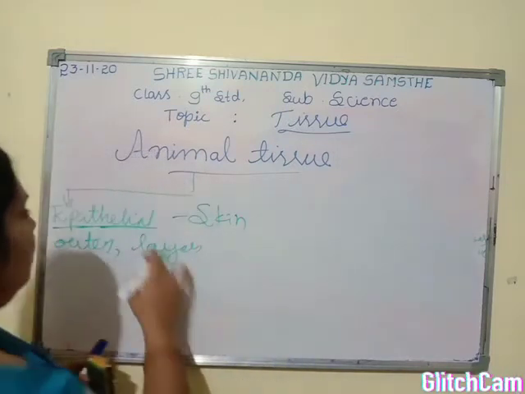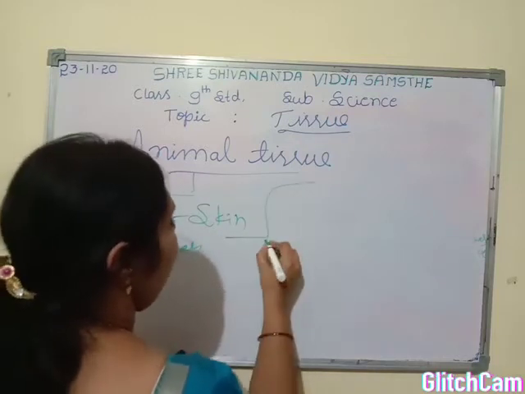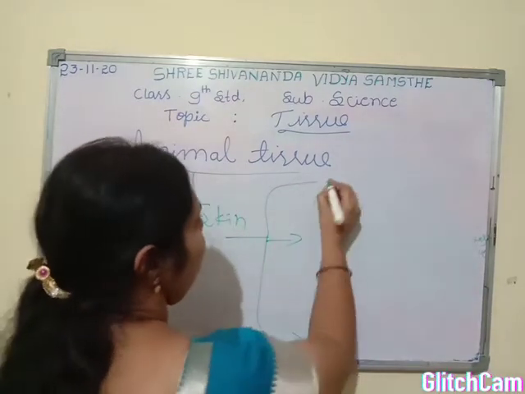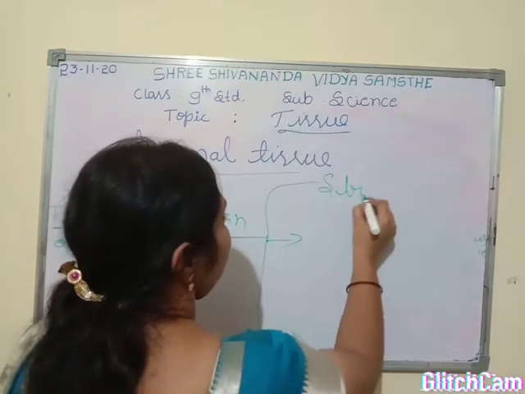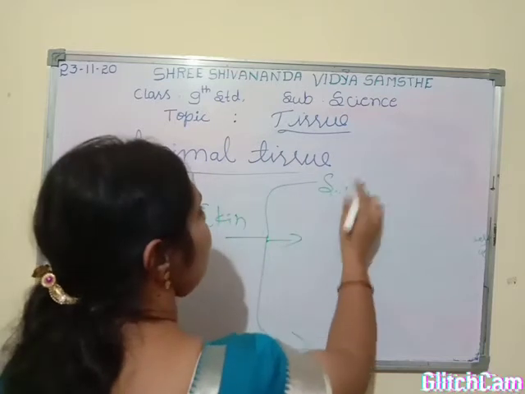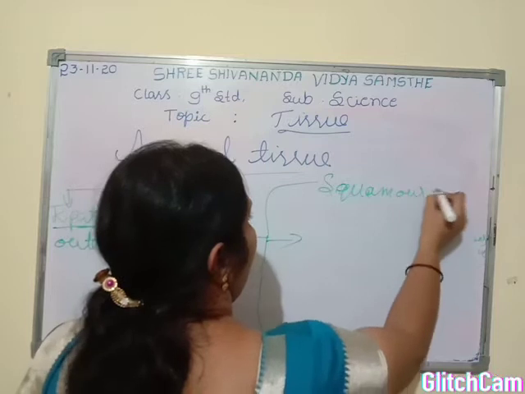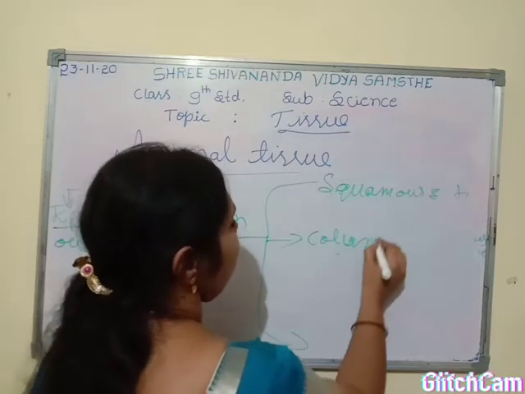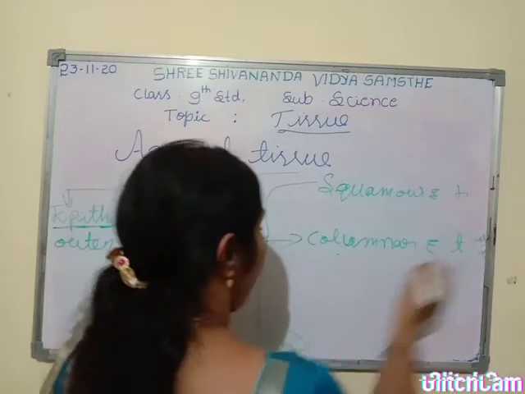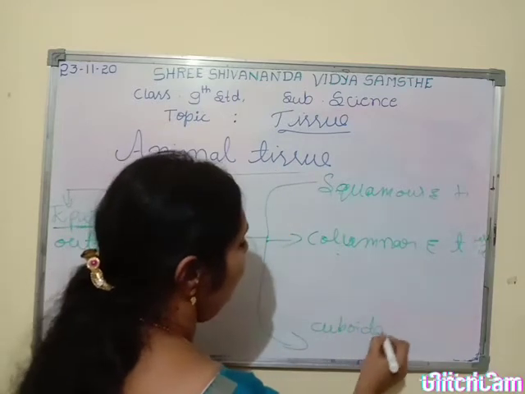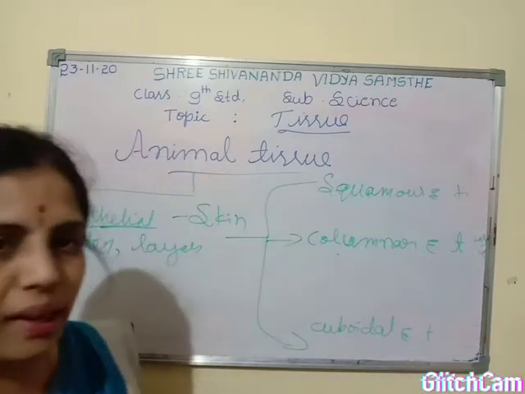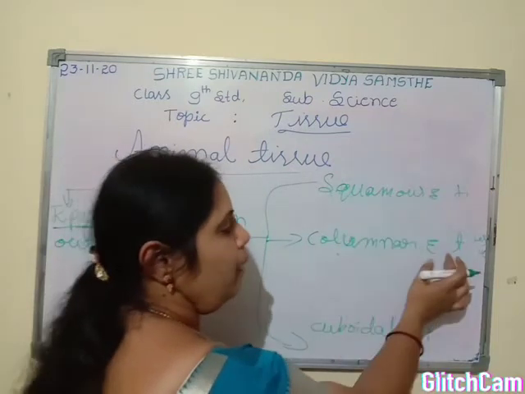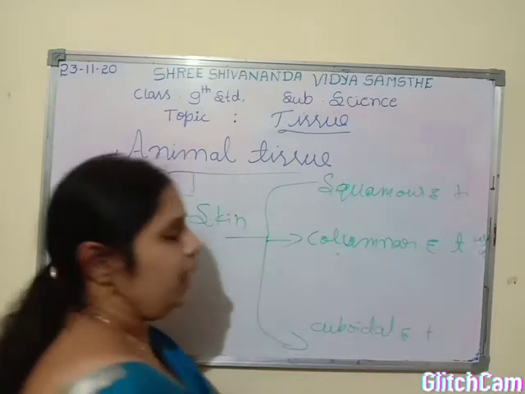Here also there are many types. Mainly three types of epithelial tissues are there: squamous epithelial tissue, columnar epithelial tissue, and cuboidal epithelial tissue.